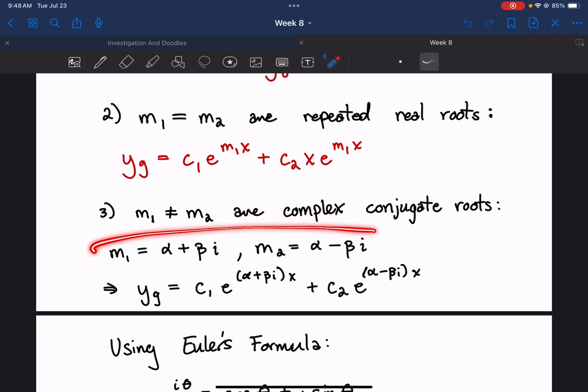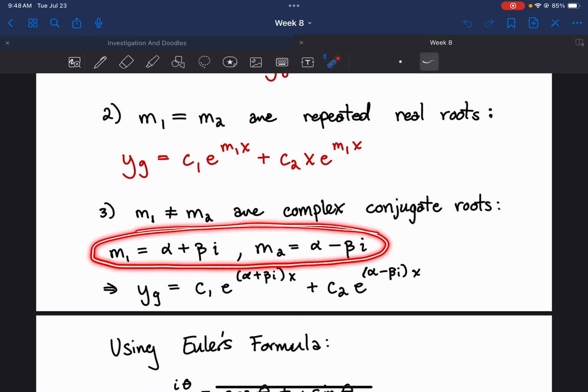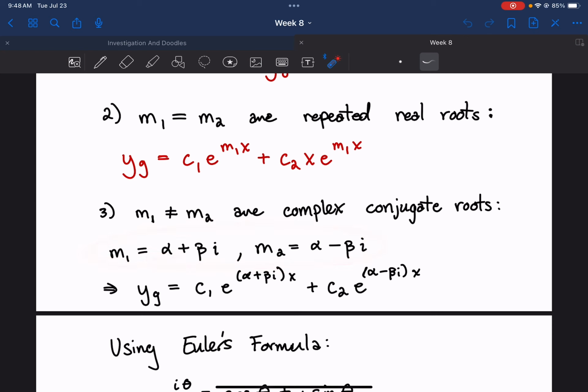They come in this form every time. Since we have a quadratic polynomial with real coefficients, any complex solutions come in conjugate pairs, and they always look exactly like this. Some real number alpha plus beta i, and then alpha minus beta i. They always look just like this, every single time.